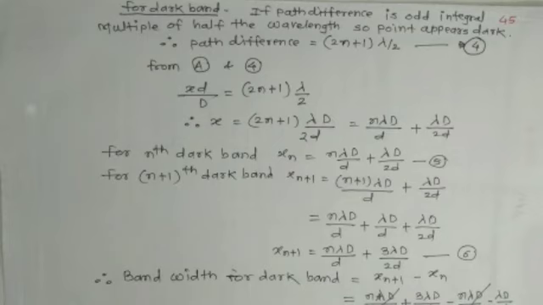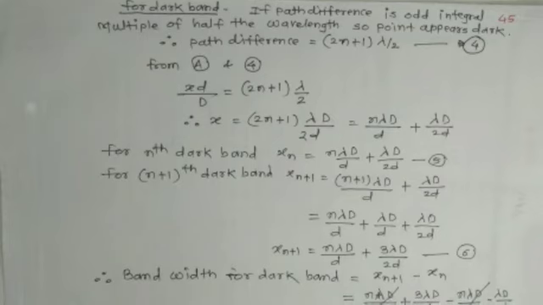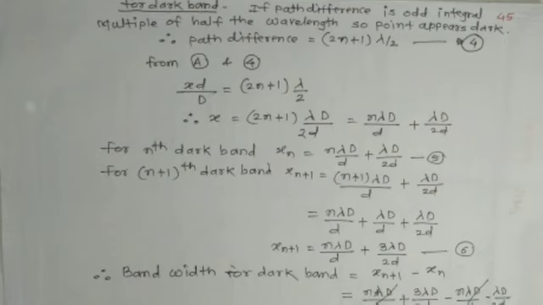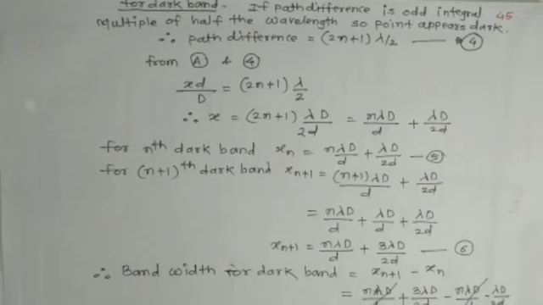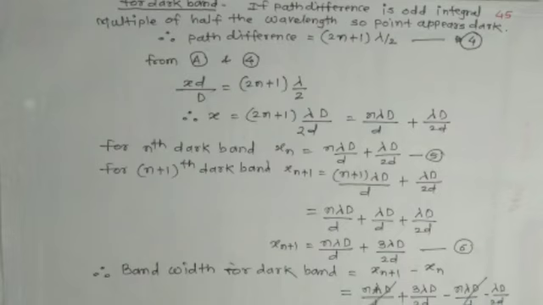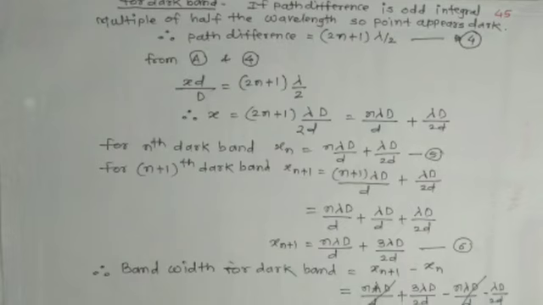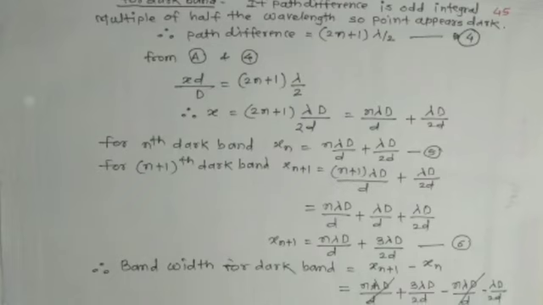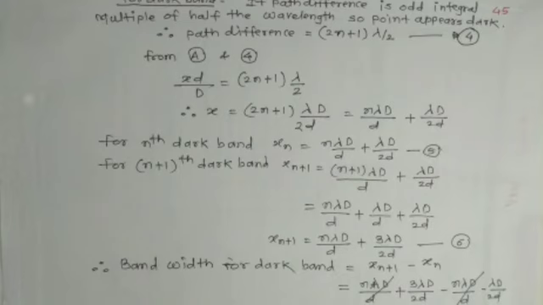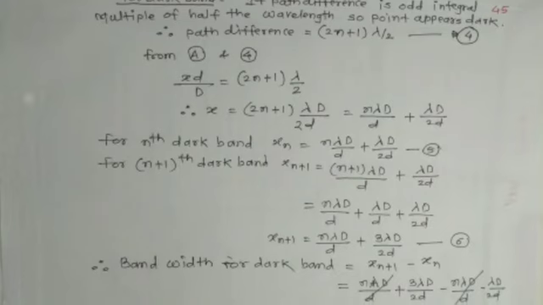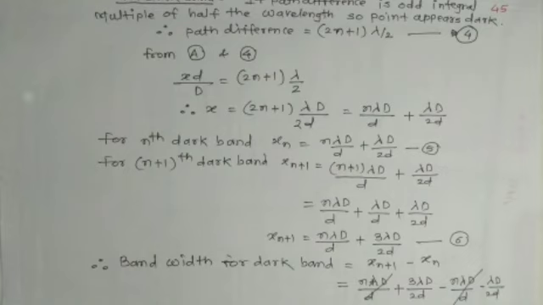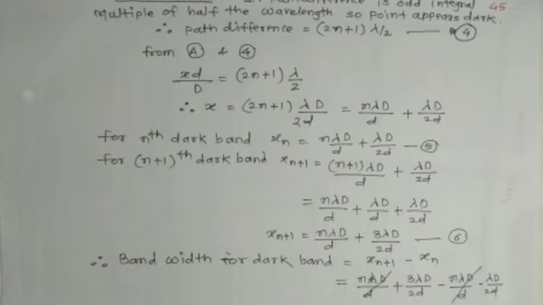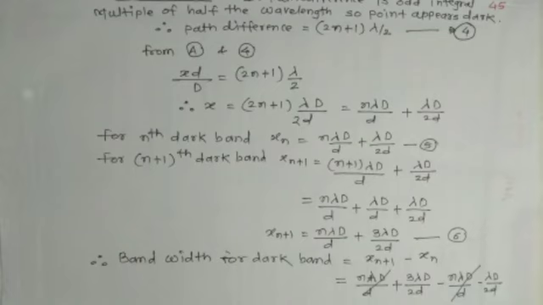For dark band, if path difference is an odd integral multiple of half the wavelength, the point appears dark. Therefore path difference equal to (2n plus 1) lambda upon 2, considered as equation 4. From equation A and equation 4, x small d upon capital D equal to (2n plus 1) lambda upon 2.